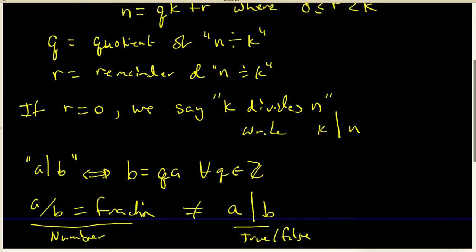In addition to the division algorithm and the notion of what it means to say that one number divides another, we also want to look at the greatest common divisor of two integers.